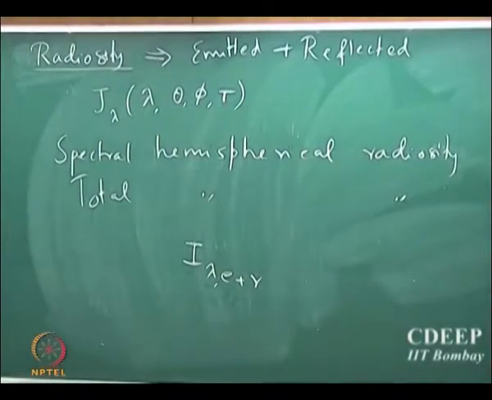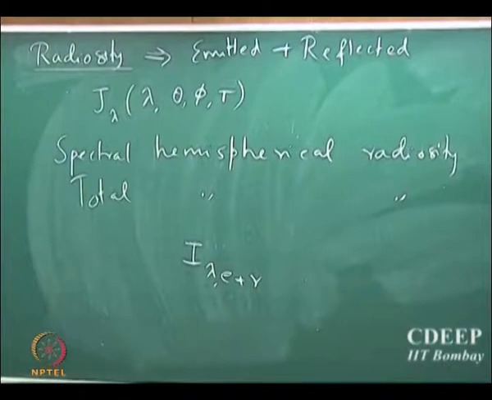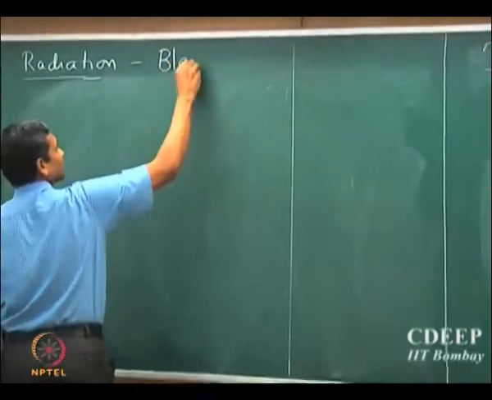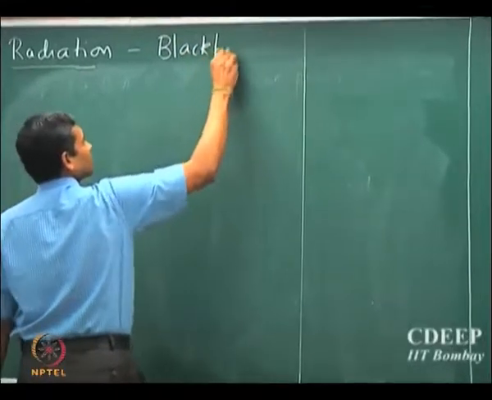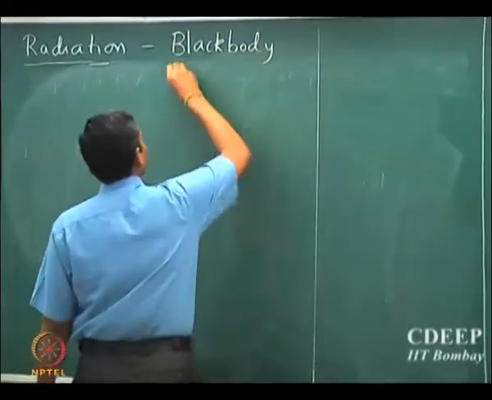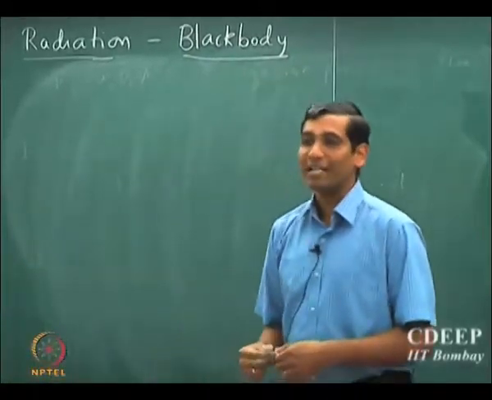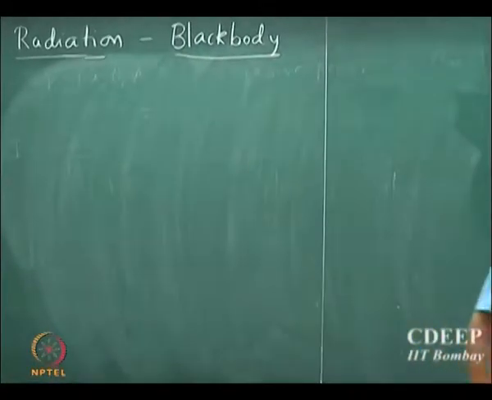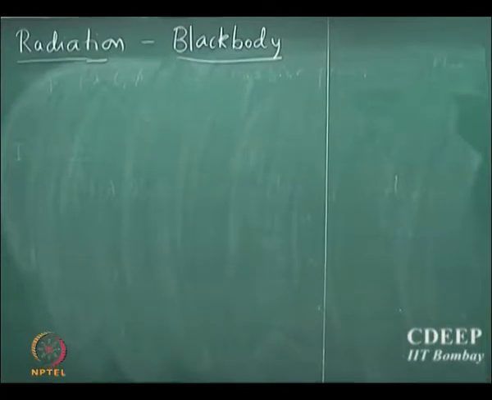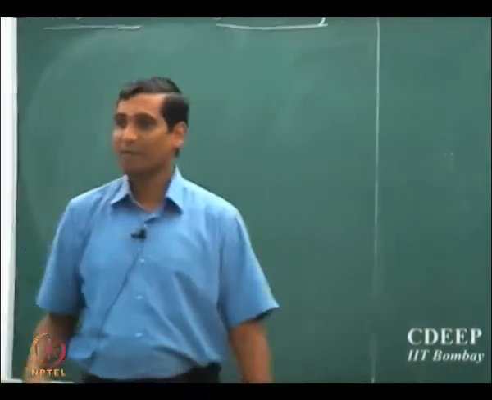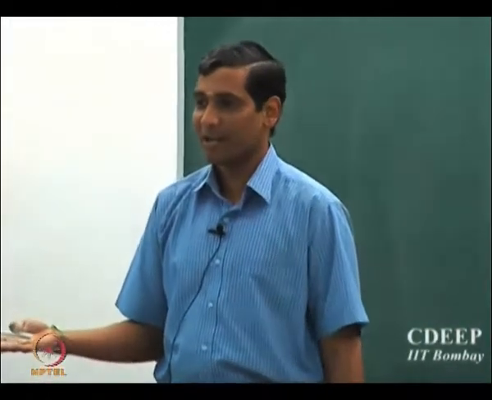So with that we are going to move into the next aspect of radiation: what is blackbody radiation. Most of you, probably all of you, would have heard about the Stefan-Boltzmann constant, right?